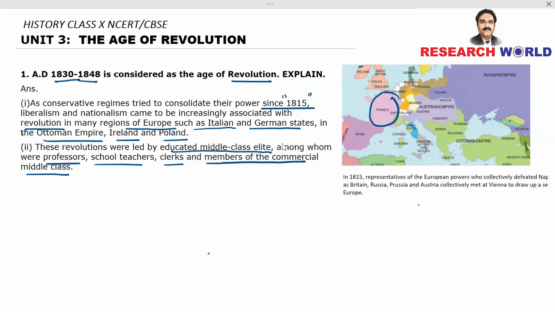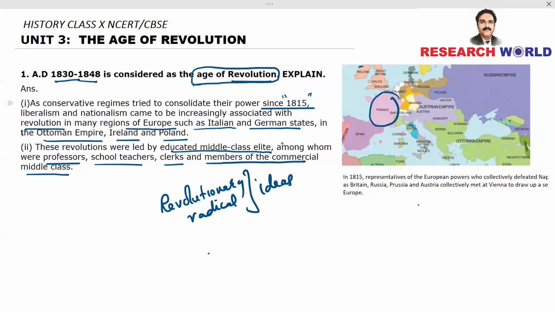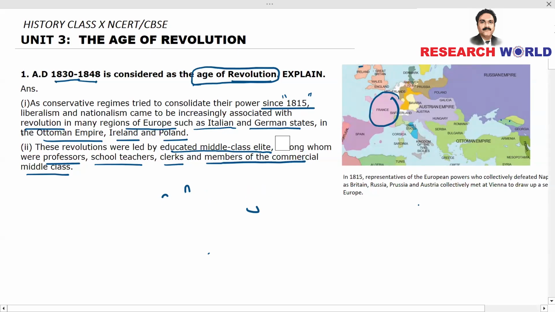Their aspiration started drifting towards revolutionary or radical ideas. This period is now called the Age of Revolution. That led to this Age of Revolution from 1830 to 1848. So, this is the background or backdrop.